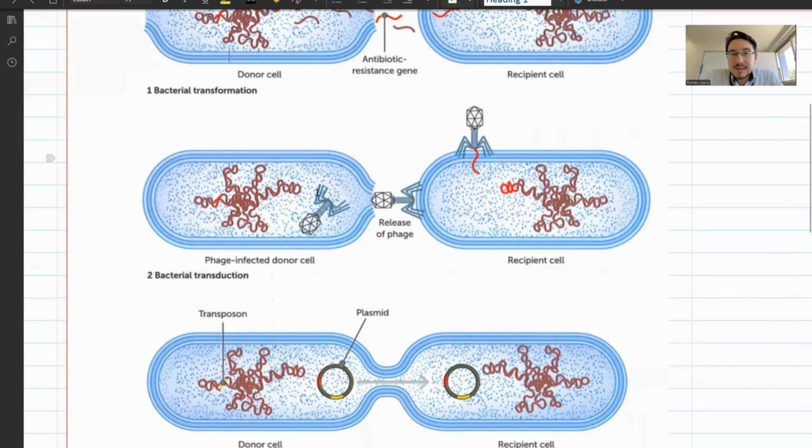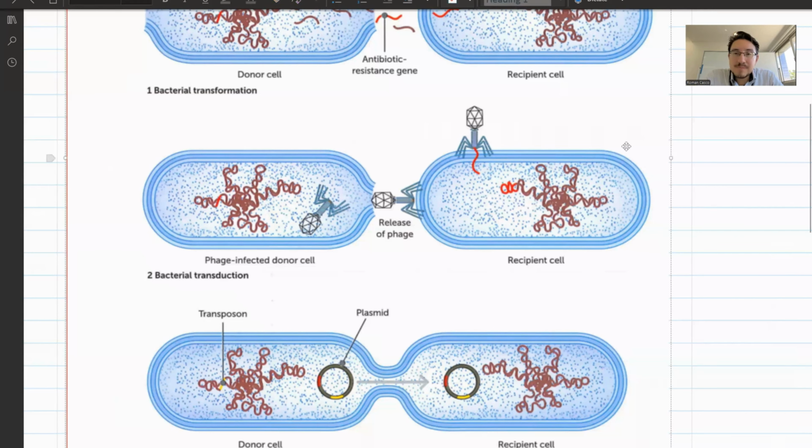As they're being assembled, they can collect a DNA strand for resistance, and then they pass it down to another bacteria. Instead of injecting the viral DNA, they just inject the antibiotic resistance strand, right? Not all the viruses can be assembled perfectly, right? Some of them accidentally can get that resistance gene. So this is called bacterial transduction.